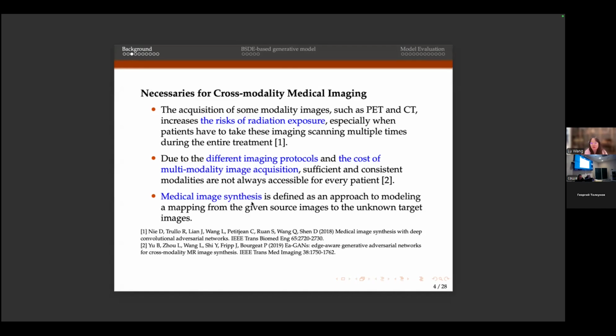It aims to learn a mapping from available source images to generate corresponding images in other modalities. In mathematics, it means going from one distribution to another distribution. If you are interested in this, you can look at these references.